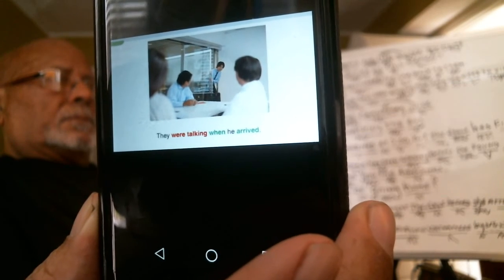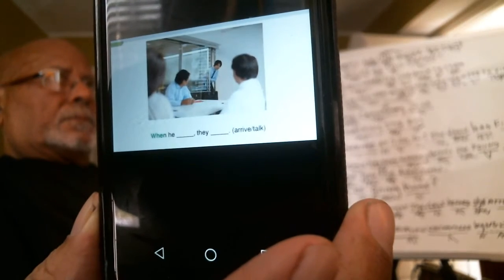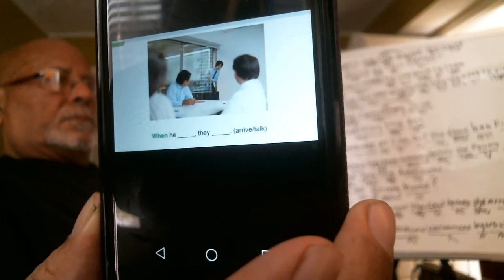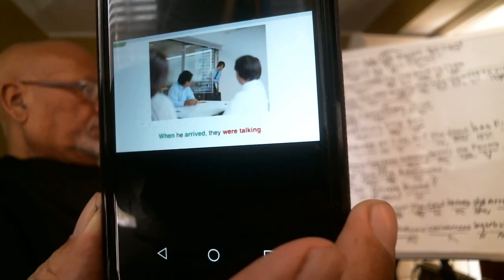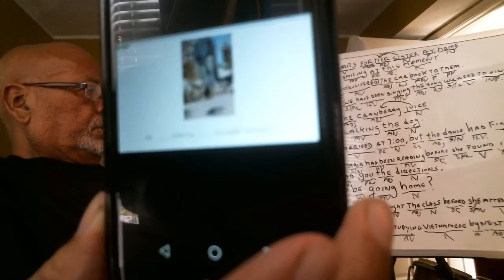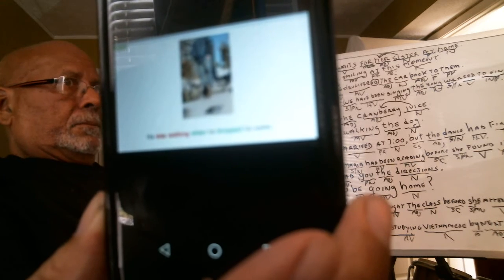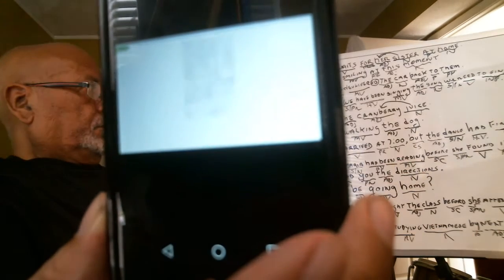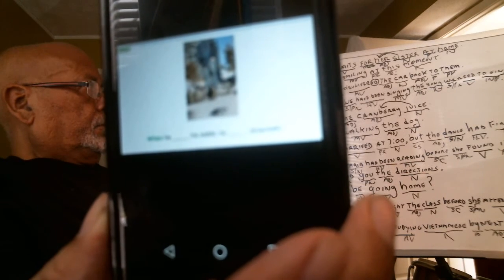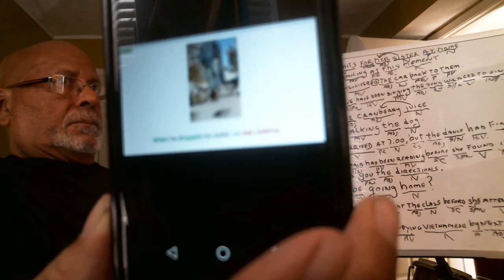They were talking when he arrived. When he arrived, they were talking. He was walking when he dropped his wallet. When he dropped his wallet, he was walking.